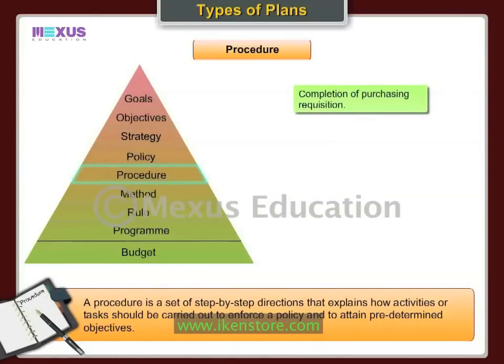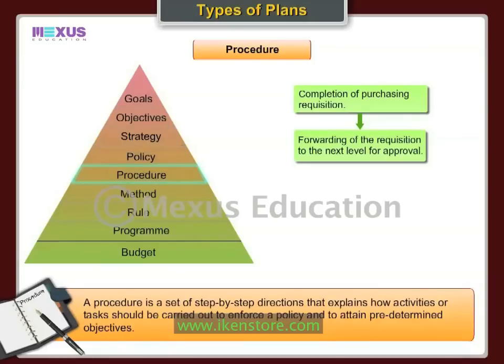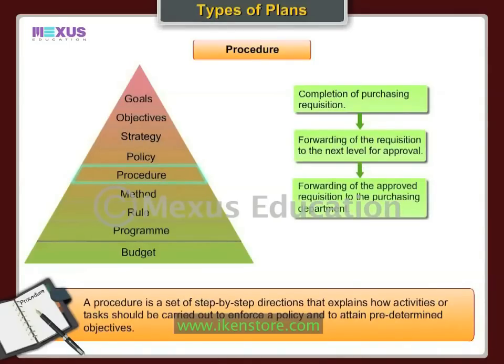Supervisors complete a purchasing requisition. Step 2. They send the requisition to the next level of management for approval. Step 3. The approved requisition is forwarded to the purchasing department. Step 4. Finally, the purchasing department places an order depending on the amount of the request.